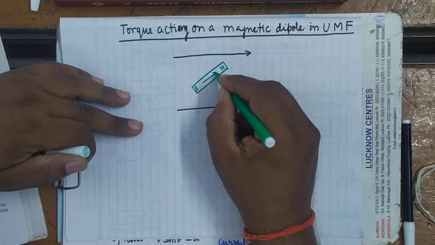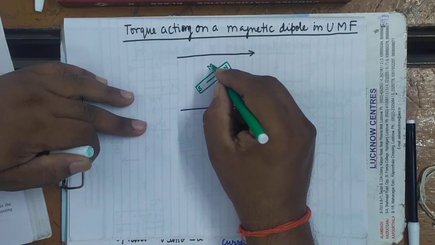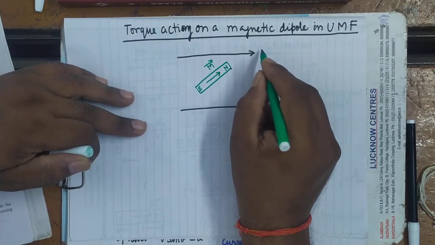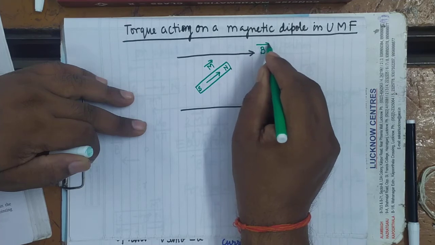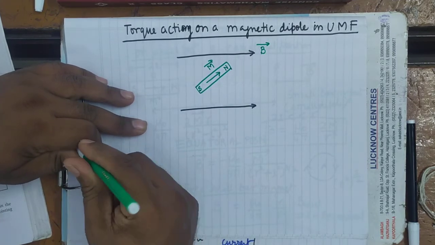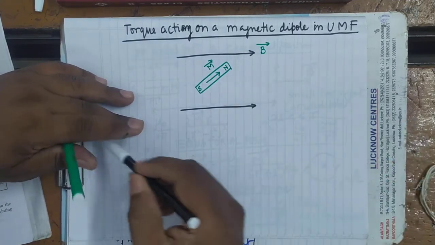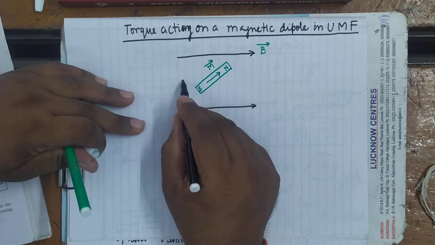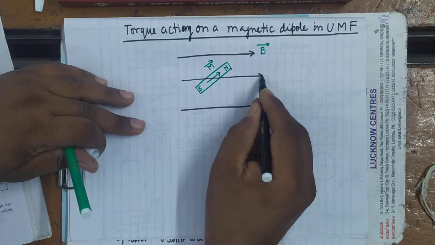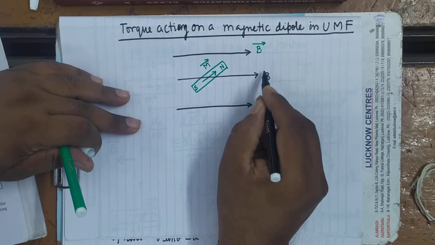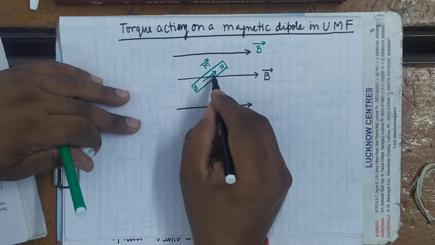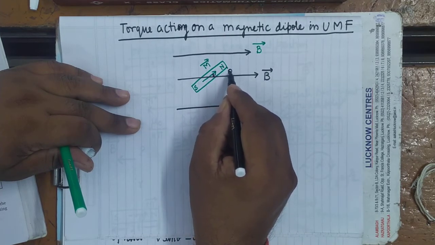What will be the direction of the magnetic moment? It is this. It makes an angle theta from the direction of the magnetic field.